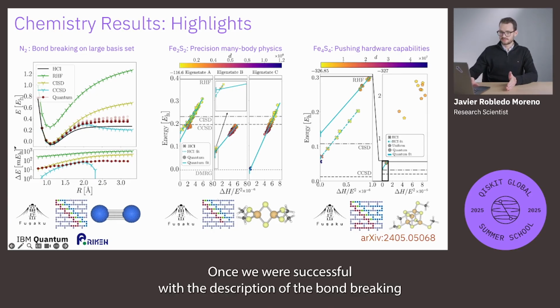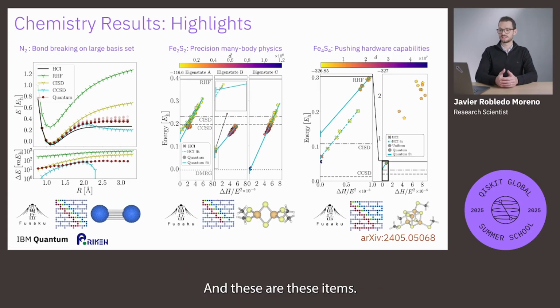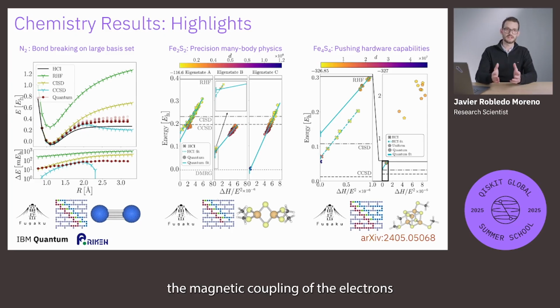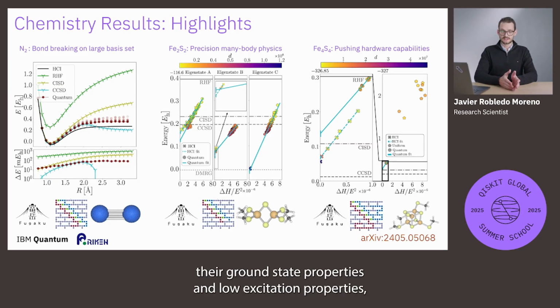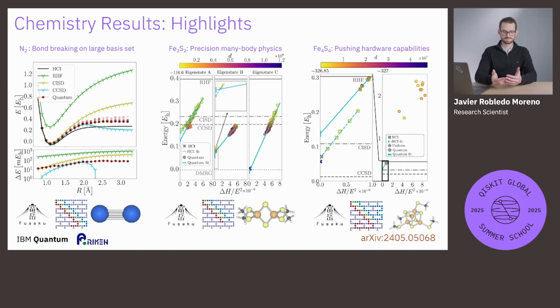Once we were successful with the description of the bond breaking of the nitrogen molecule, we moved into more strongly correlated species, and these are the iron sulfur clusters. The strong correlation in these iron sulfur clusters comes from the magnetic coupling of the electrons that live in the iron atoms. To study their ground state properties and low excitation properties, we did something that is known as an energy variance analysis.